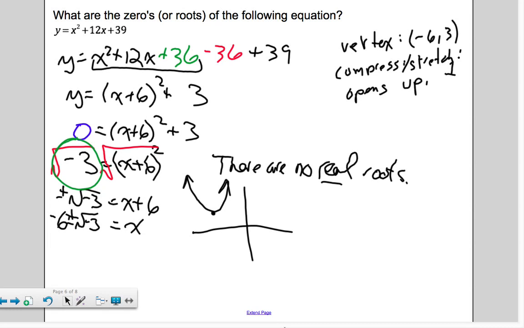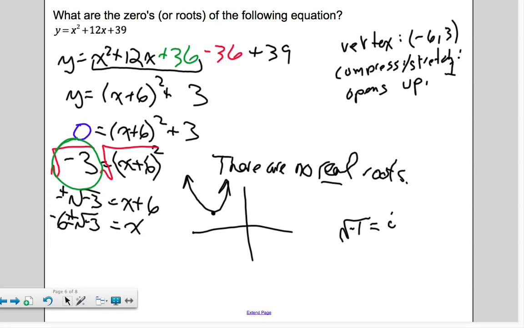A mathematician out there decided to make up a number. This number is the square root of negative 1, and I'm going to call it i. It's an imaginary number because this number cannot exist.